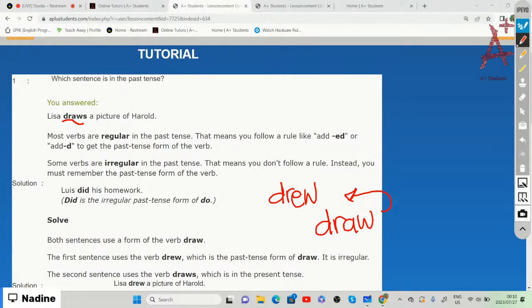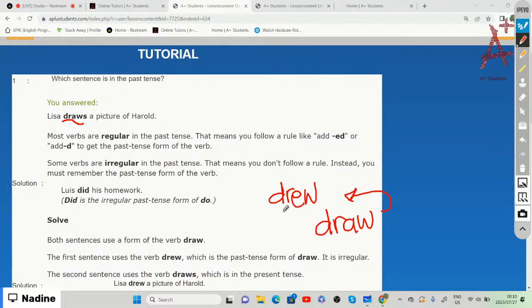We did not add an ed, we did not add a d to show that it is a rule that we follow, because we can't say drawed. It is drew. So in the past, Lisa drew a picture of Harold.